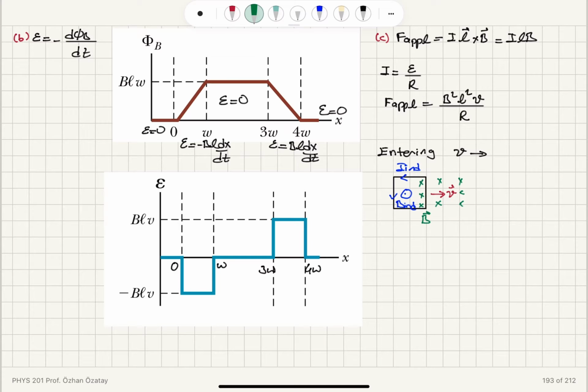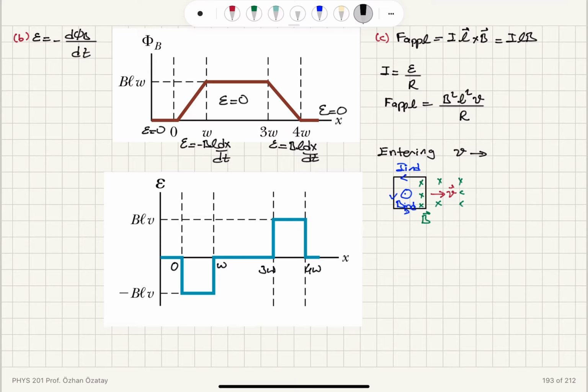Okay. Now, the term L cross B, for the top and the bottom: because the current is flowing in opposite directions, the L cross B terms at the top and bottom will cancel each other.